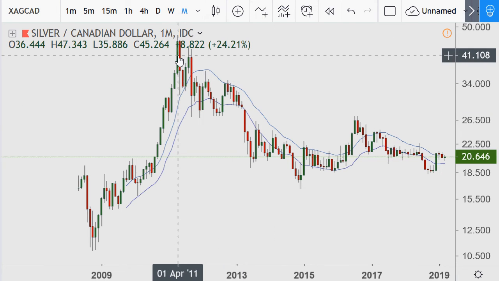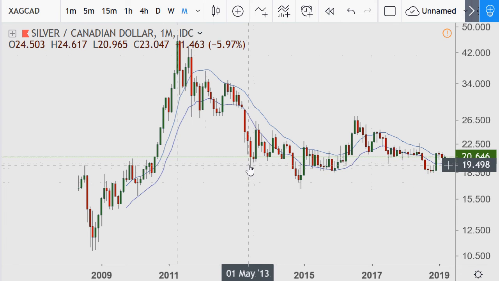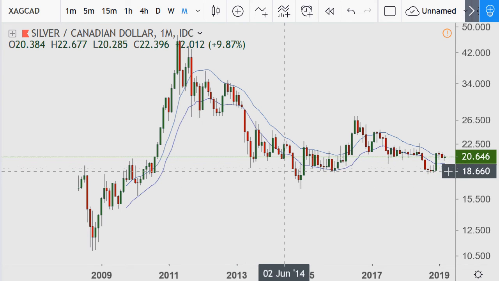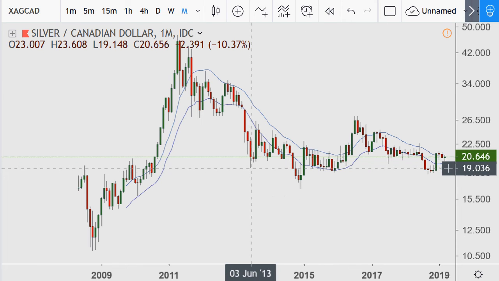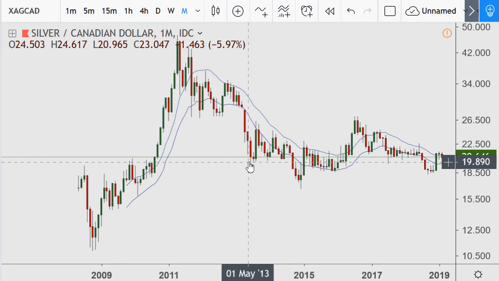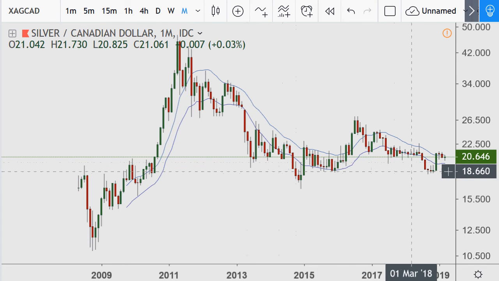But that means it didn't fall as much in Canadian currency, as it's been holding this $18, $19 level the entire time since 2013. Almost 6 years now of this sideways movement, which it's done a lot longer than 6 years before. The longest I think it did was 25 years, or 1982 might have been the start to about 2004. 22 years.